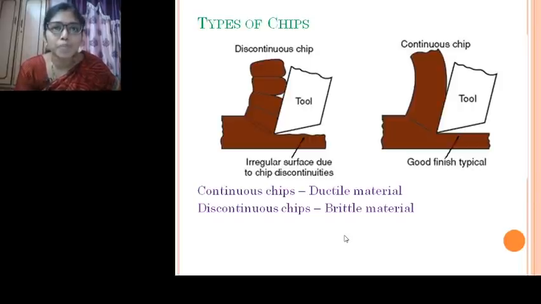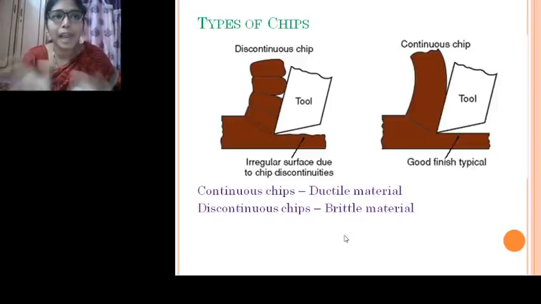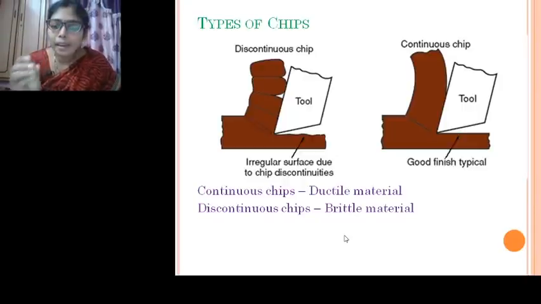Those chips are long. Those are called continuous chips. And if you have observed machining or removal of material from a glass surface, or when people are cutting stones in large hilly areas, while cutting that stone, the material which is removed will not be in a continuous form. It will be in an irregular shape, that is discontinuous, a small powder kind of output.